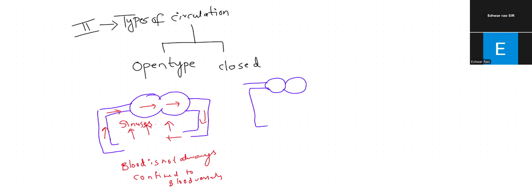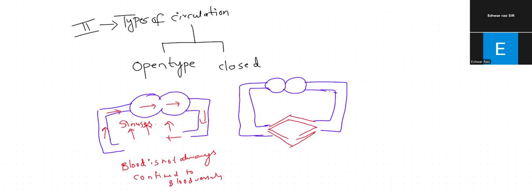These are larger blood vessels, then it is further divided into arteries, aorta, then finally it has capillaries. These are capillaries, these are veins.